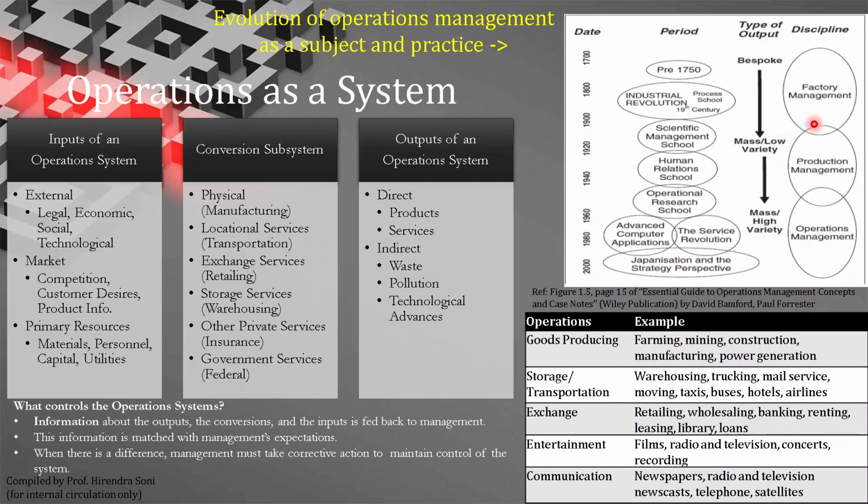It shifted as the requirement changes towards production management, and today it is actually operations management. There was a time when people never used to talk about operations management. They used to majorly talk about production management only. But as the requirement for services grew, it took a shape from production to operations management.